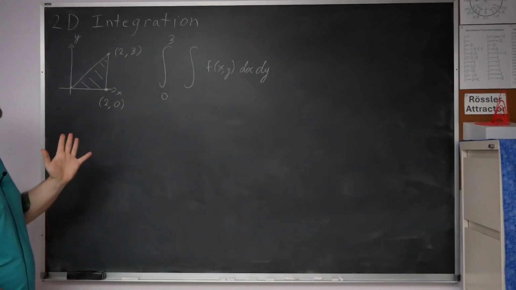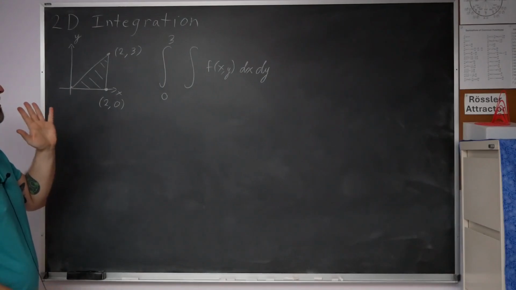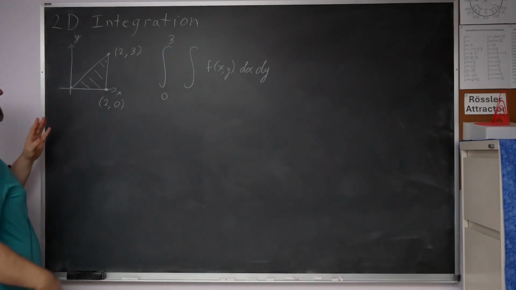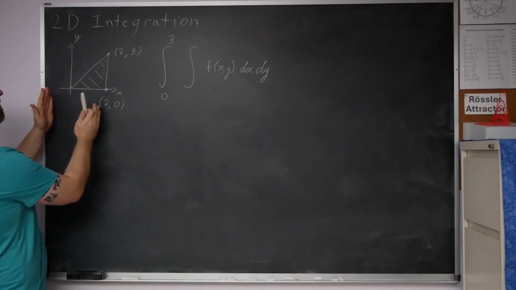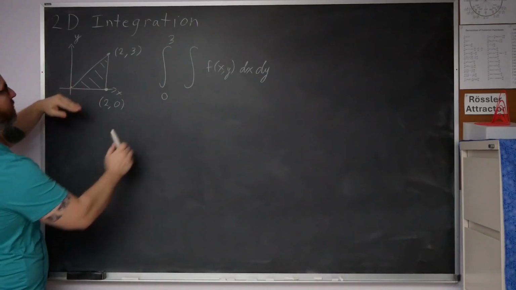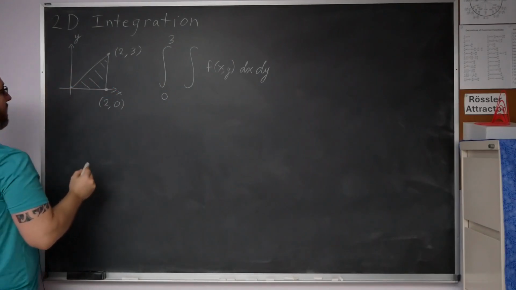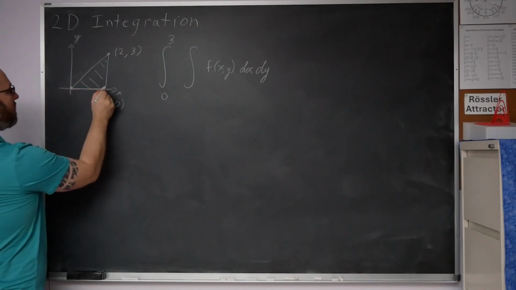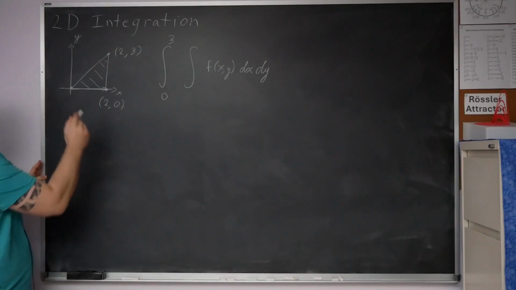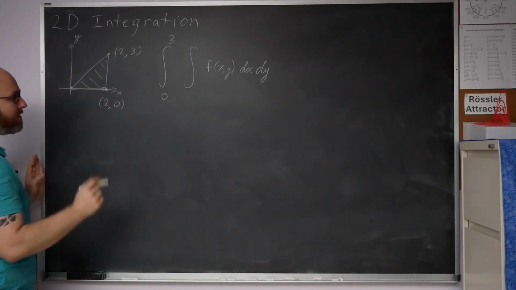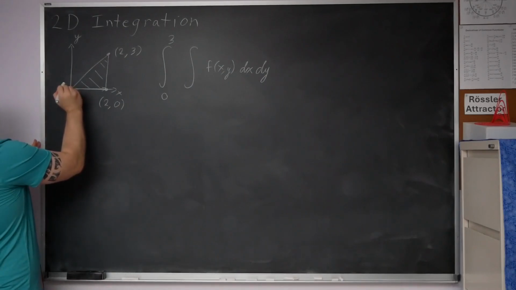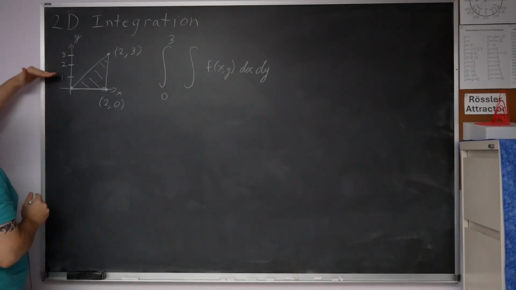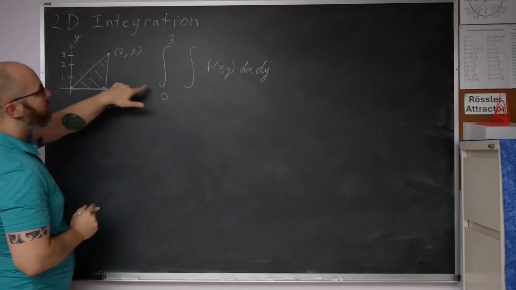So now we have to think, how do I do this if I have variables? Let's try and figure this out. If I'm looking at x, and I'm at a certain value of y, let's say I'm at y equals 0, right there. Then x goes from this point to that point. It goes from 0 to 2. What if y is equal to 1?